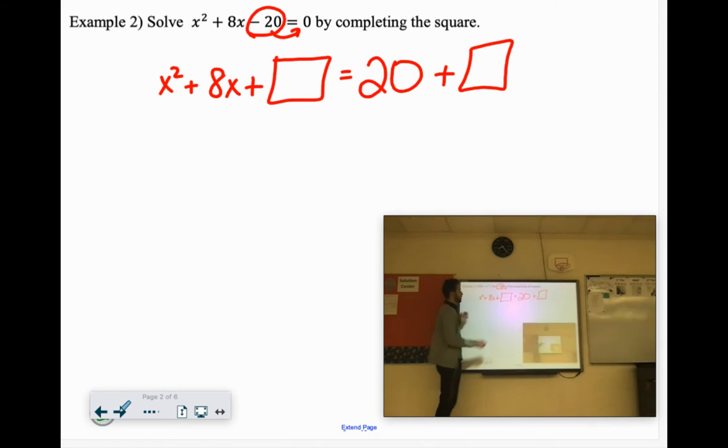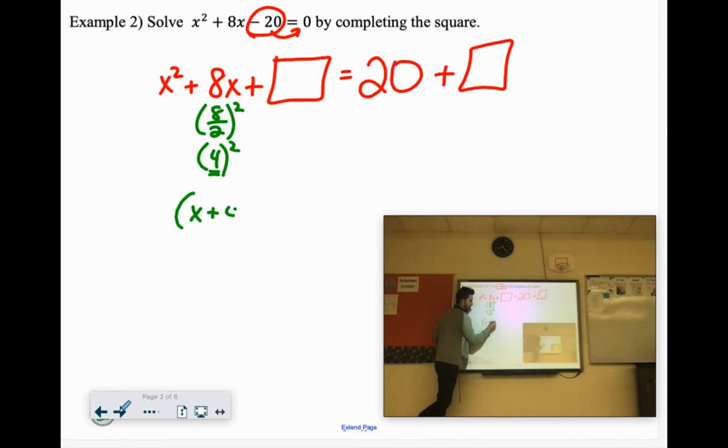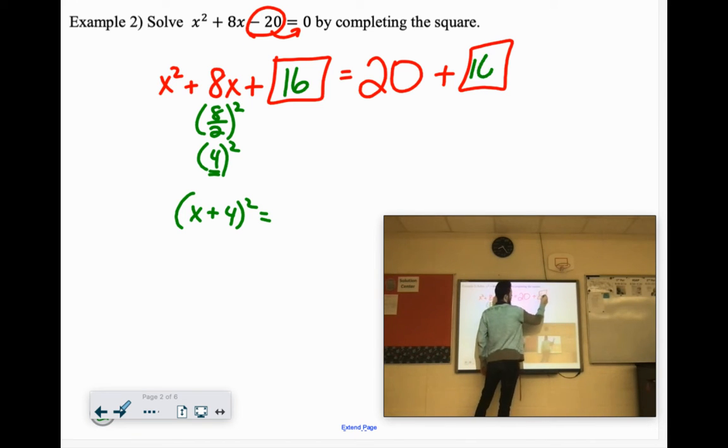To figure out the blank, we take our b divided by 2 and then square. 8 divided by 2 is 4, which means when it's factored, it's going to be x plus 4 squared. But what is 4 squared? It's 16. So we'll say plus 16 over here, plus 16 over here.